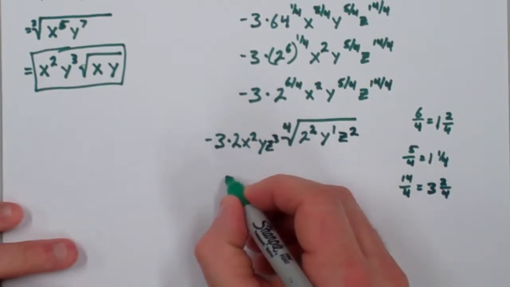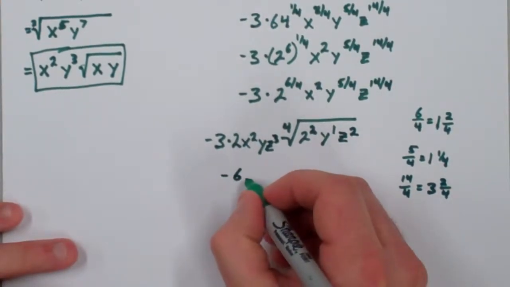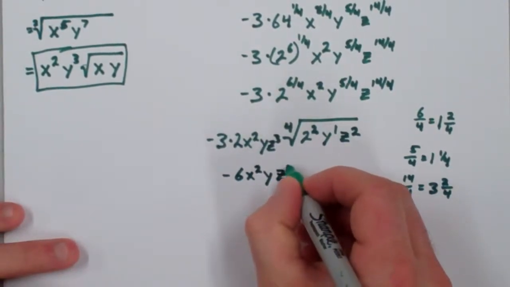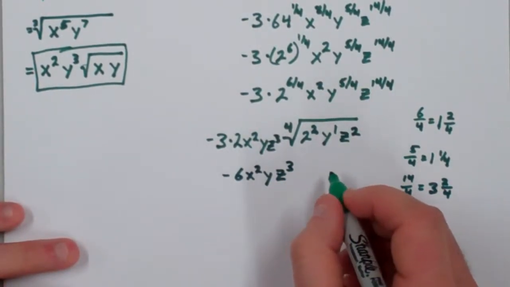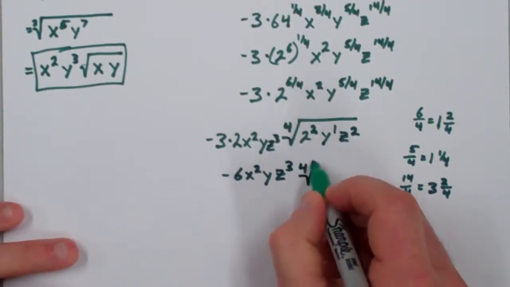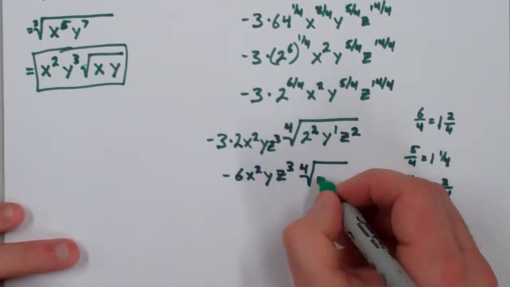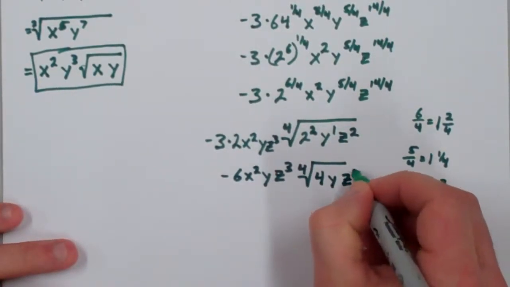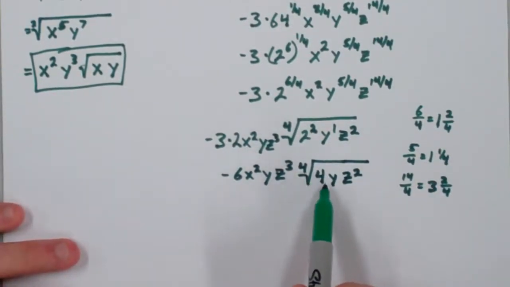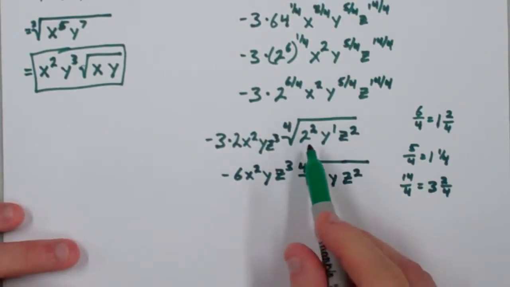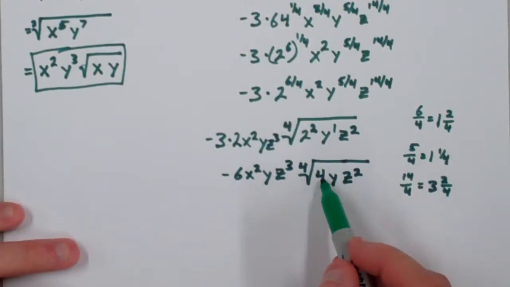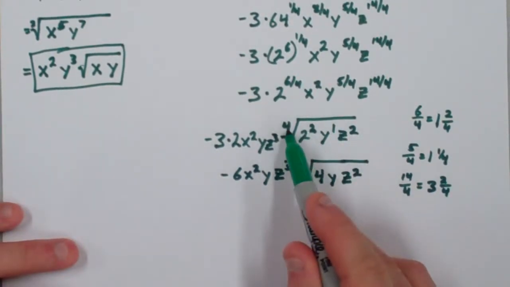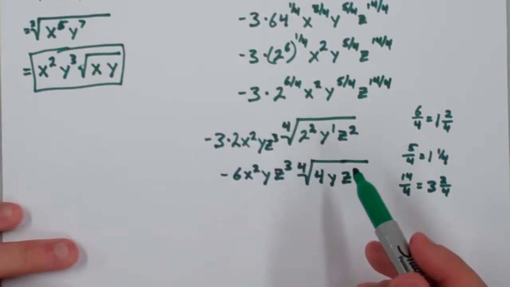Negative 3 times 2 is negative 6. You've got an x squared, a y, and a z to the third power, times the fourth root of 2 squared, which is 4, y, and z squared. If you look underneath here, yeah, we changed the 2 squared into a 4, but this 2, this 1, and this 2 are all less than 4, and that should be the case.